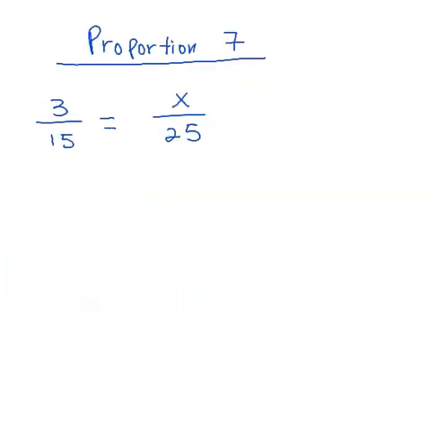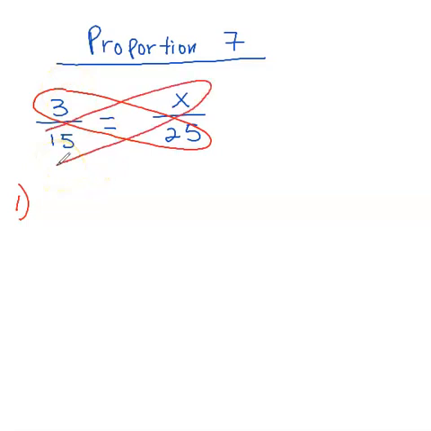Okay. So that will be the answer for that problem. Next one. Proportion number 7. So same procedure. We're going to do 3 times 25 equaling 15 times x. Okay. So 3 times 25 equals 15x. 3 times 25 is 75.